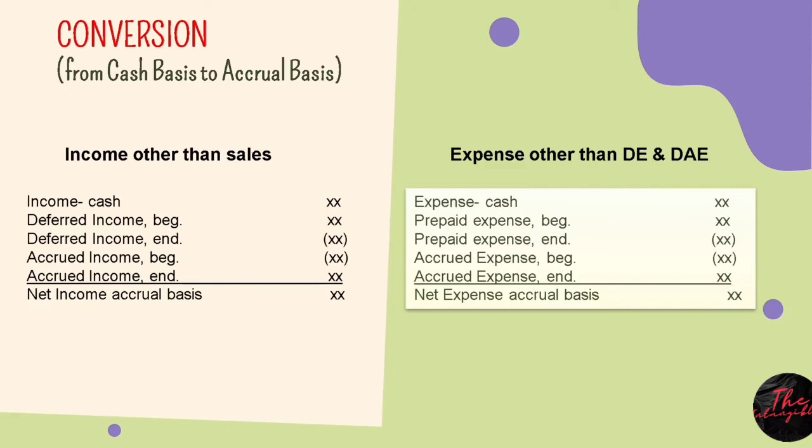Only the prepaid expense at the beginning and accrued expense at the end are subject to addition on the accounts. On the other hand, prepaid expense at the end and accrued expense at the beginning are subject to deduction on the accounts. And lastly, the ending point here is the net expense under the accrual basis of accounting.